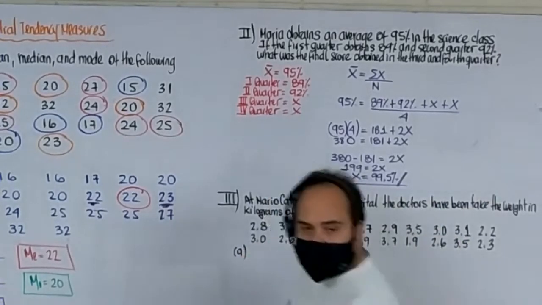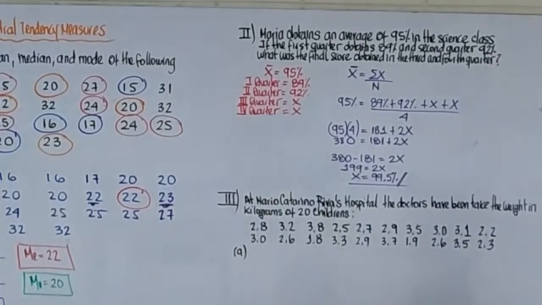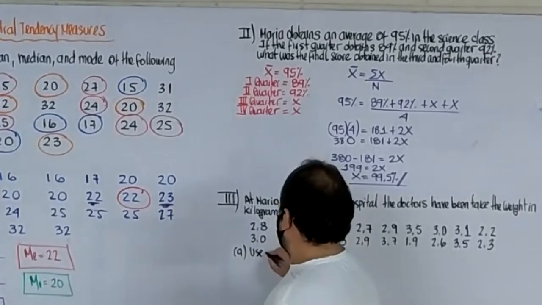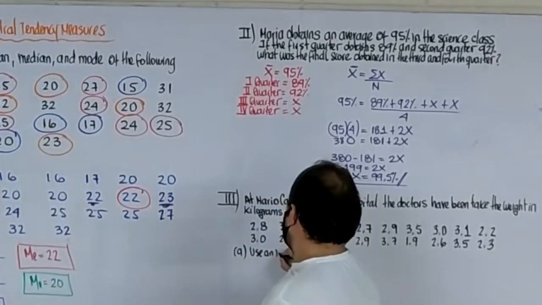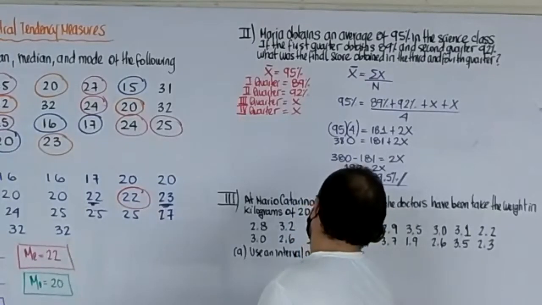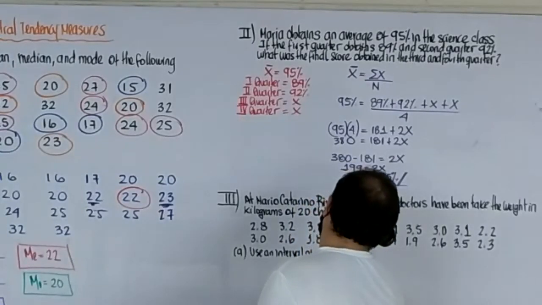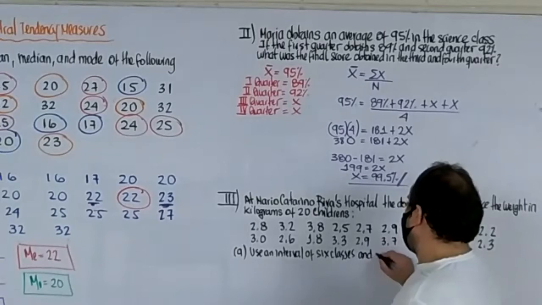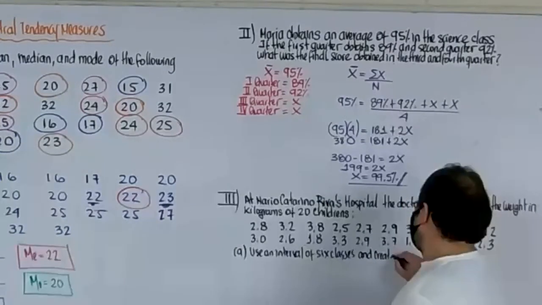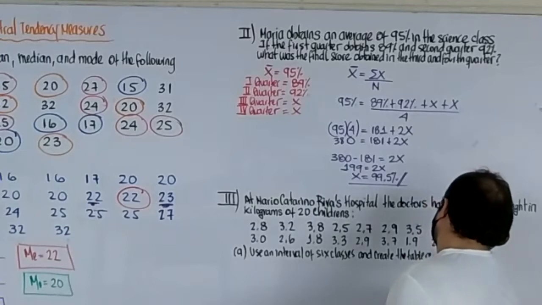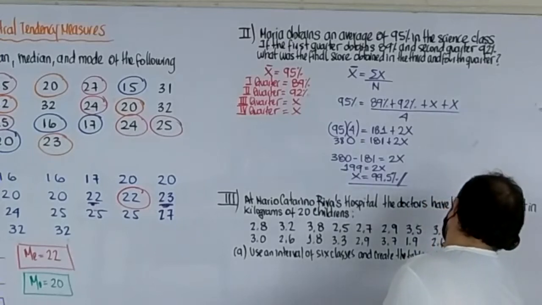Letter A. Use an interval of 6 classes, and create the table of frequencies.